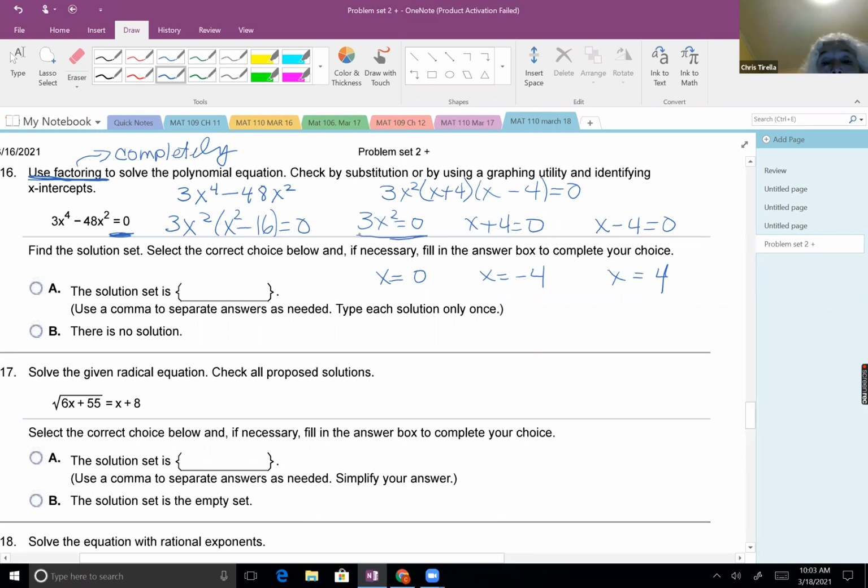Over here, where 3x squared is equal to 0, dividing, I would get x squared equals 0. And that should actually give me x equals 0 or x equals 0. 0 is a solution twice because x squared is 0, but they tell you to type each one only once. So we'll only write our solutions as 0, -4, and 4.